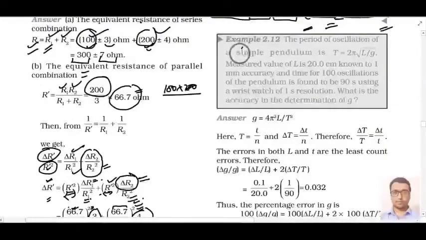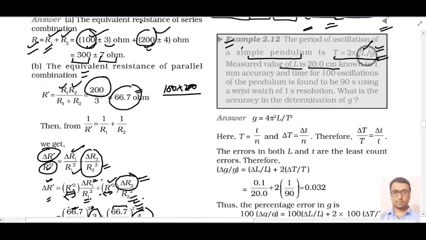Then we have the last example. We have a simple pendulum and its time period is given by this formula. You don't need to worry about how we get to know that T equal to 2 pi under root L by g. This will be given. Its measured value of L is 20 centimeter.